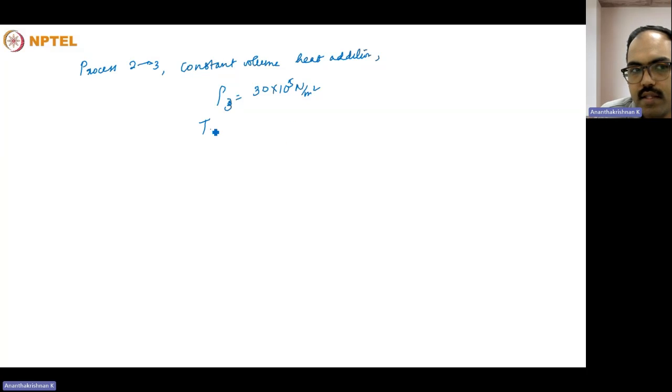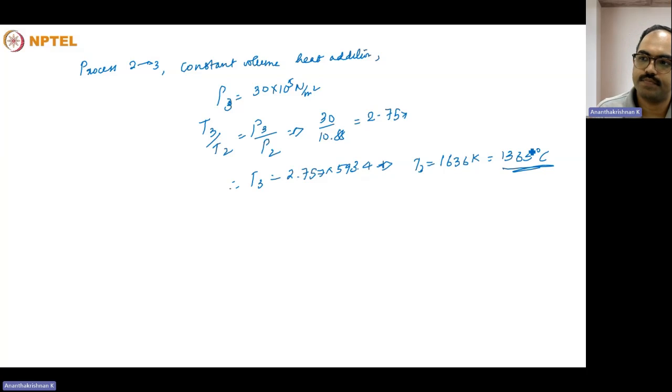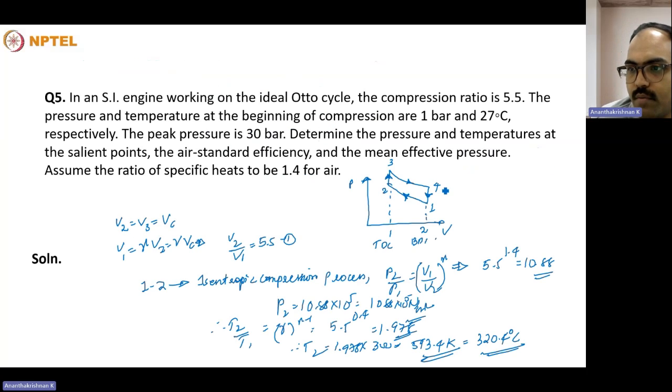Therefore, for the constant volume process, T3 by T2 is equal to P3 by P2, so 30 by 10.88 is 2.757. Therefore, T3 is equal to 2.757 multiplied by 593.4. That gives T3 equal to 1636 Kelvin, that is equal to 1363 degrees Celsius. So once that is known, we know points 2 and 3.